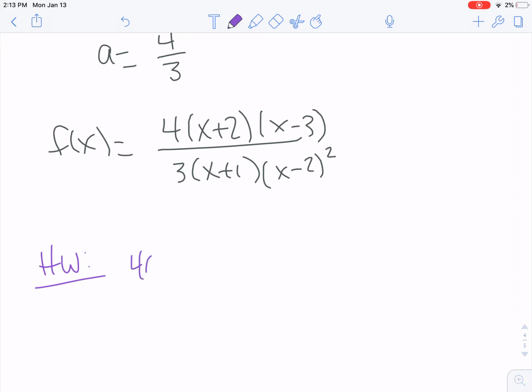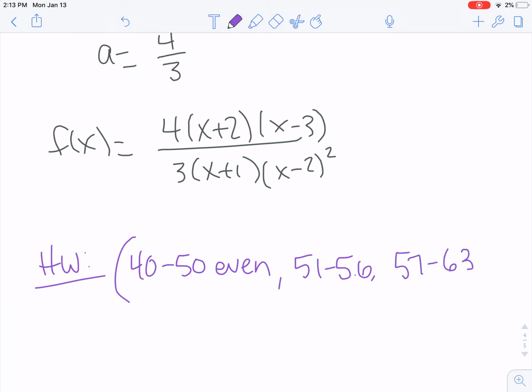You're going to do 40 through 50 even, 51 through 56 all, 57 through 63 odd, and then 80, 81. So that's your homework for today. These are graphing, the rest of the graphing, and then the rest of this is all writing equations. For your a value, just pick your y-intercept. It's the best way to do it. And if you guys need any help, I will help you when I get back on Thursday.